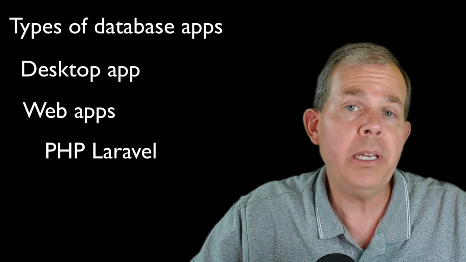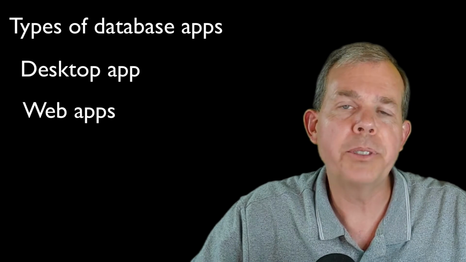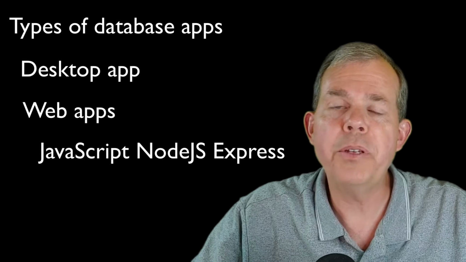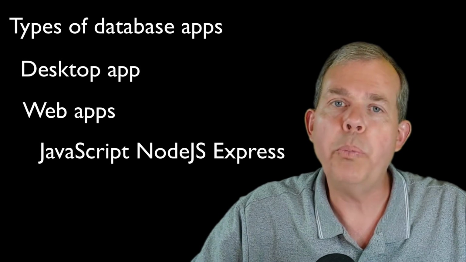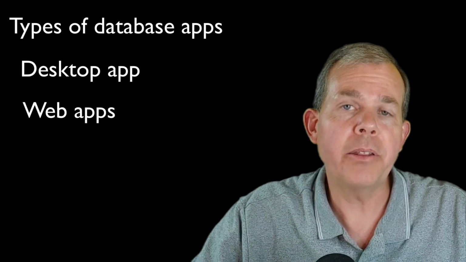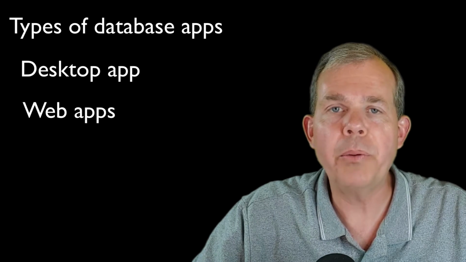PHP is also available on studycoding.org if you want to learn how to build websites with that language. Also, you can work with pure JavaScript. If you work with the Express framework on Node.js, you can build a website in the same manner that websites are built in other frameworks. So there's lots of different choices that you can pick from to build a website.